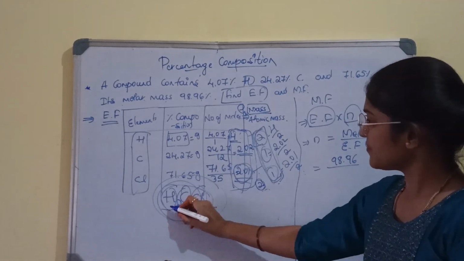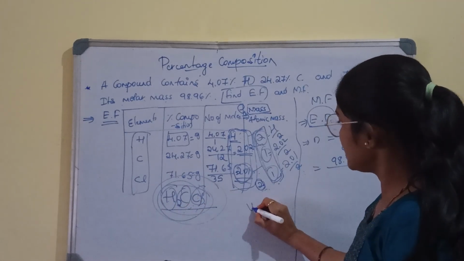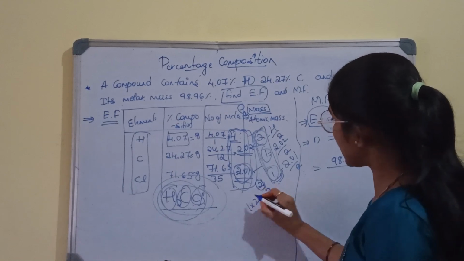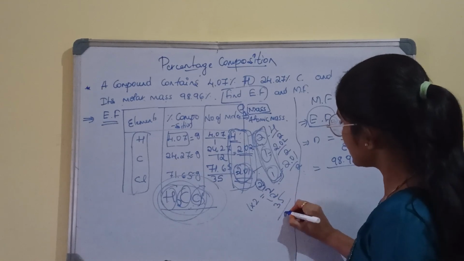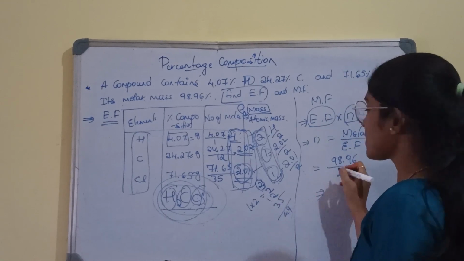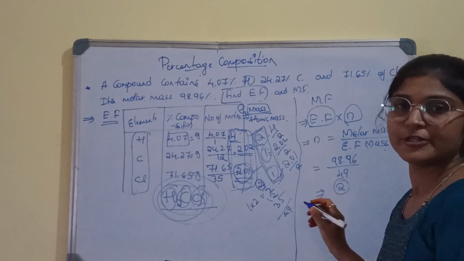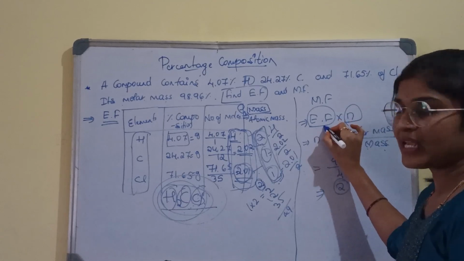So what is the empirical formula mass? Atomic mass of hydrogen 1, atoms are 2, carbon 12, chlorine 35. So it is 49. If you calculate it, the N answer will be 2. This N is multiplied with the empirical formula.